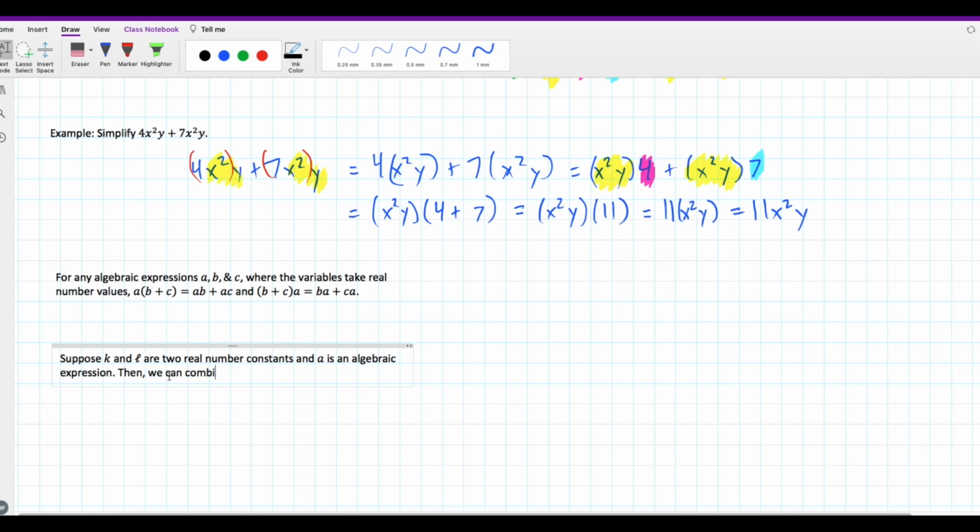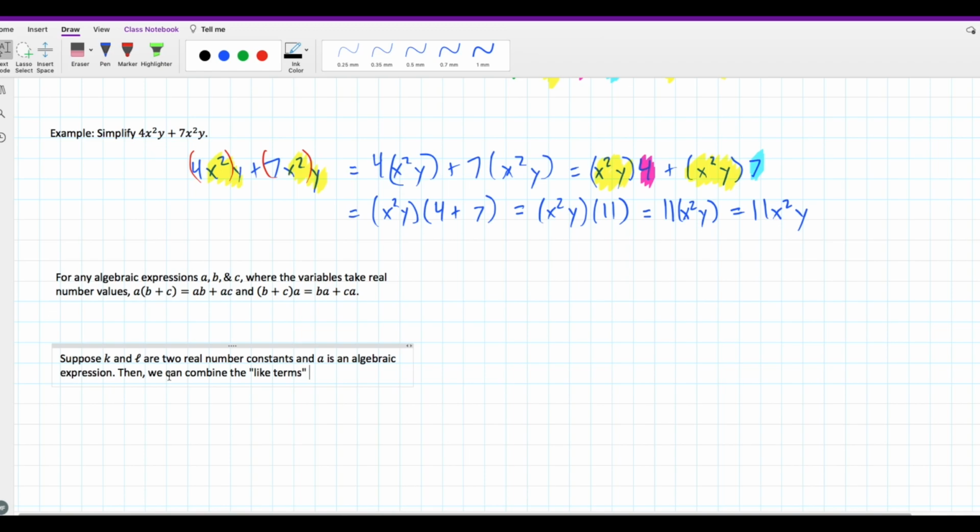So then we can combine the like terms, and I'm going to put this in quotation marks because technically they're only considered like terms if A is, like I said, something like either just x or x squared, or maybe x squared y like we had in the example. It wouldn't include things like x plus y. Usually those are not considered like terms in that case.